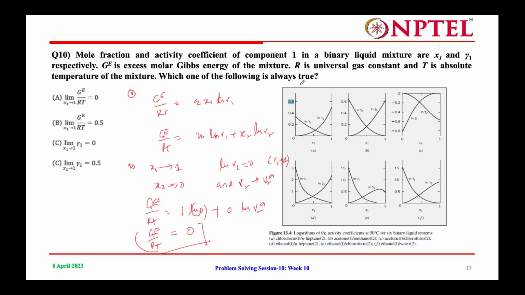And the second method is, so you know the excess Gibbs energy equals G minus G ideal. When x1 tends to 1 and x2 tends to 0, at this condition G is almost equal to G ideal, which means pure liquid component 1 only.